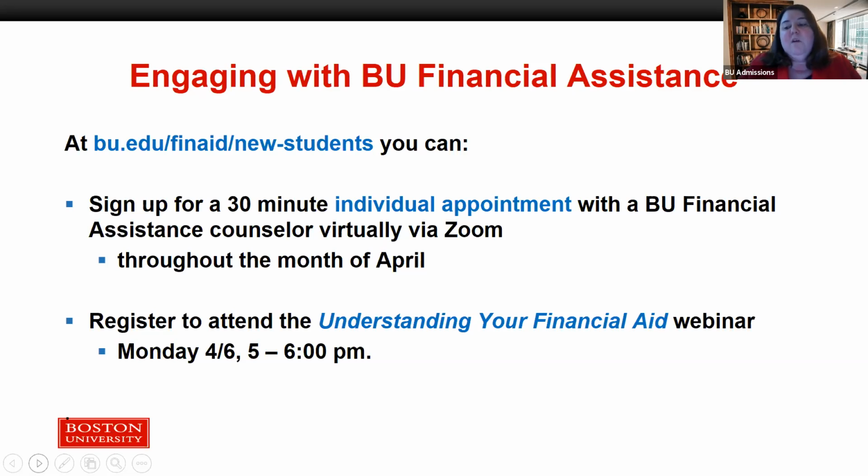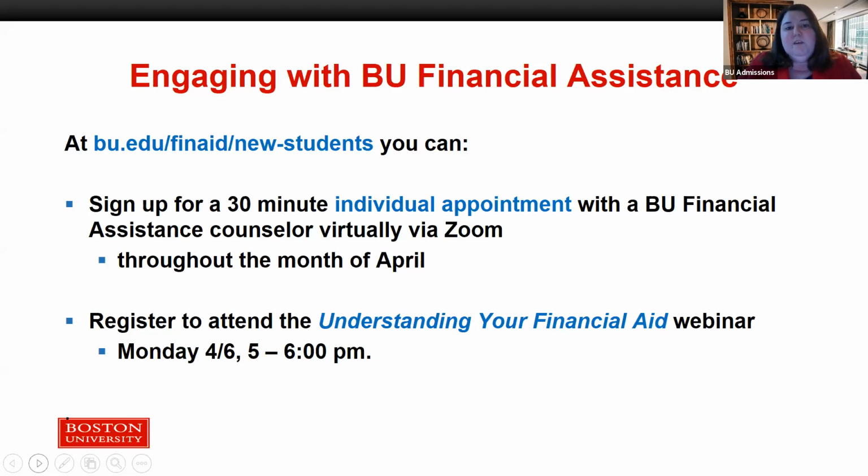But we will ask for your parent tax returns and your tax returns if you filed, probably shortly after May 1st, so that we can confirm the information that was provided on the profile and FAFSA, and then we finalize the award.